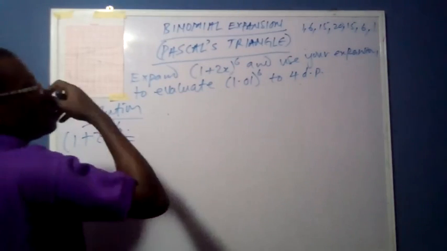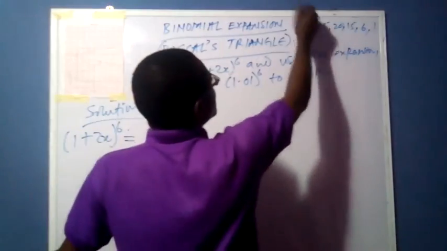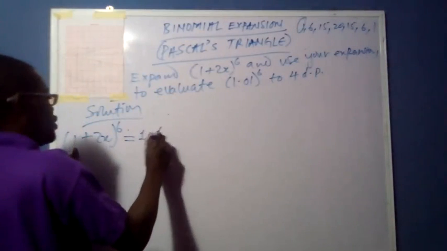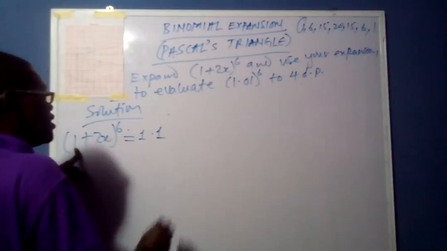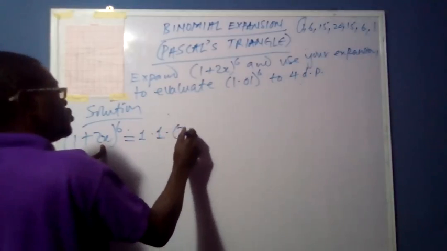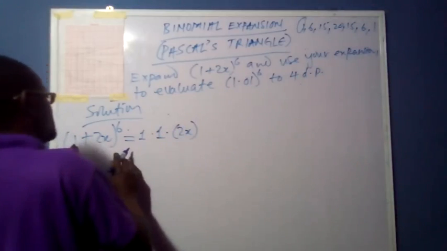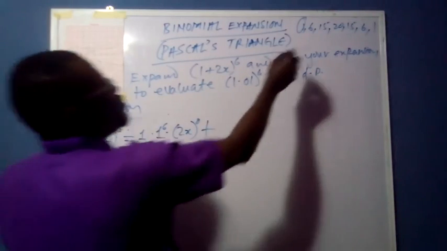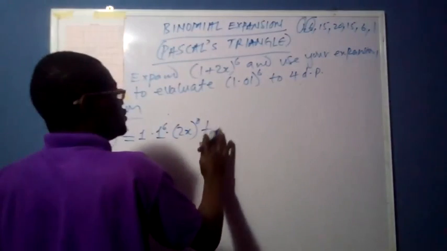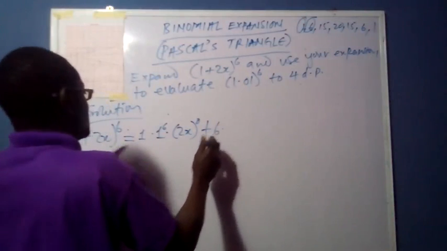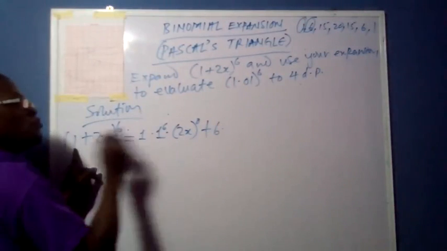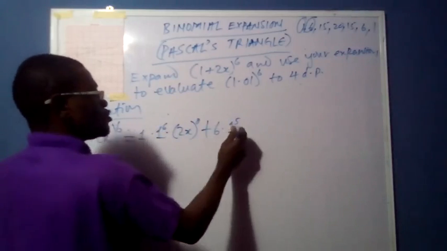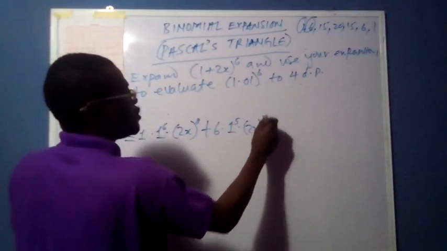So let's get started. Now this will be equal to: the first coefficient is 1, so we have 1 multiplied by the first term, 1 raised to power 6, multiplied by the second term, 2x raised to power 0, plus the second coefficient, 6, multiplied by the first term, 1, this time raised to power 5, multiplied by 2x, this time raised to power 1.